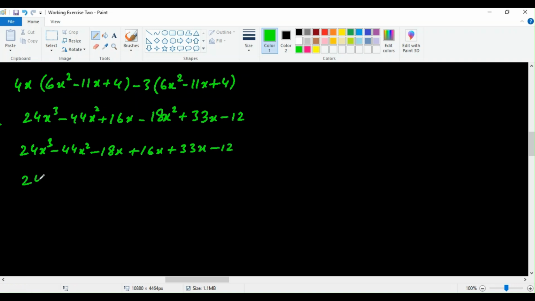So this gives us 24x cubed, and 44 and 18 gives us a minus 62x squared, and then 33 and 16 is going to give us 49x minus 12 as the final answer for this question.